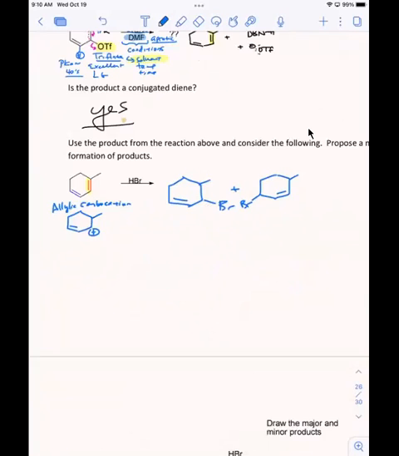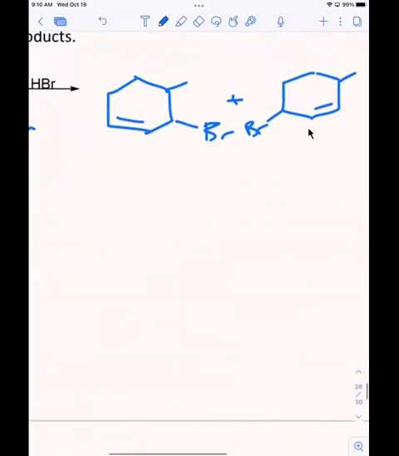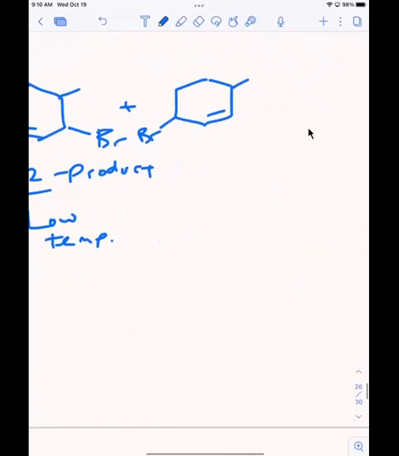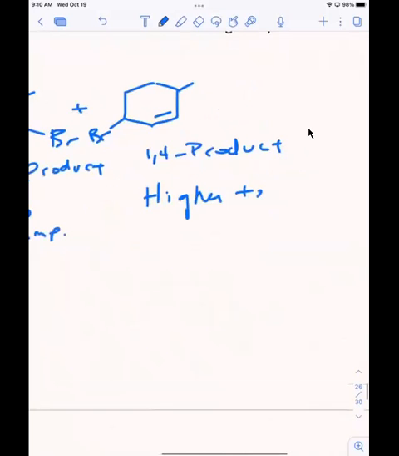So now let's talk about how you would get that. Because one of these products, this one, which we call a 1,2 product, is the low temperature product. And then this one, the 1,4 product, is the higher temperature product, right?